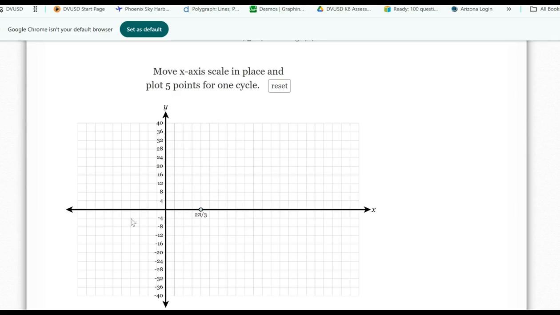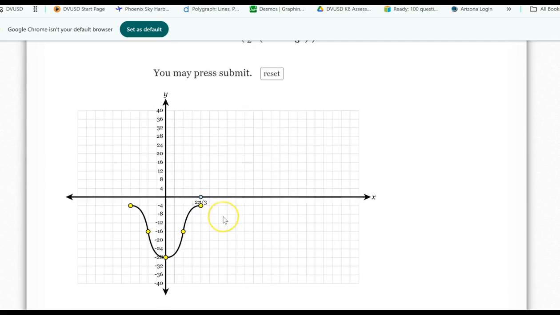Okay, so that was at the maximum, which we said was negative 4, I believe. The next point is at the midline, which is negative 16. The next point, 0, is at the minimum, which was negative 28. Pi over 3, that was right here at negative 16 again. And then 2 pi over 3 right here at negative 4.